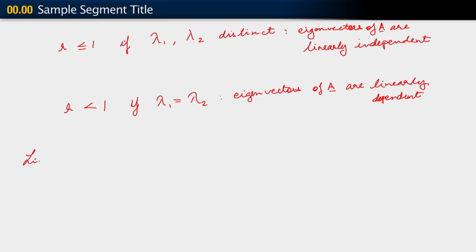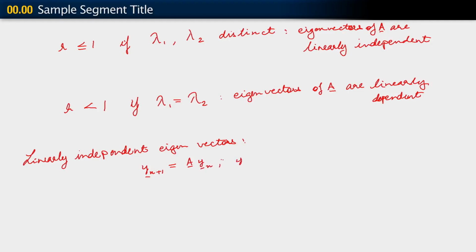Okay? Let's first look at what happens if they are linearly independent eigenvectors. If they are linearly independent eigenvectors, then let's look at what happens for the homogeneous problem as we go from one time step to the other. Essentially what we see is that y_{n+1} equals A y_n, right?